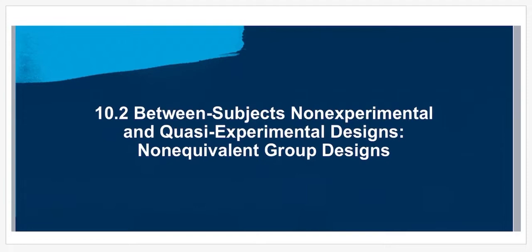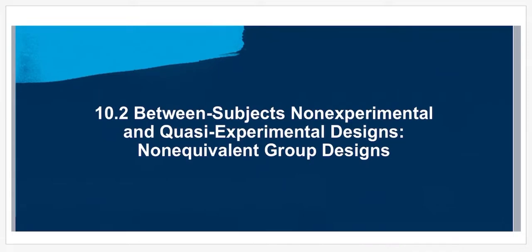So in chapter 8, we talked about between subjects experimental design, remember, and we talked about controlling individual differences, because individual differences is the issue with between subjects design, the threat to internal validity there. We talked about controlling that by randomly assigning your participants to the groups, or by matching the participants across conditions to try to reduce those individual differences.